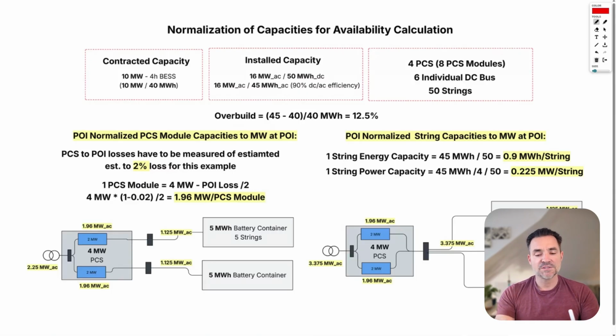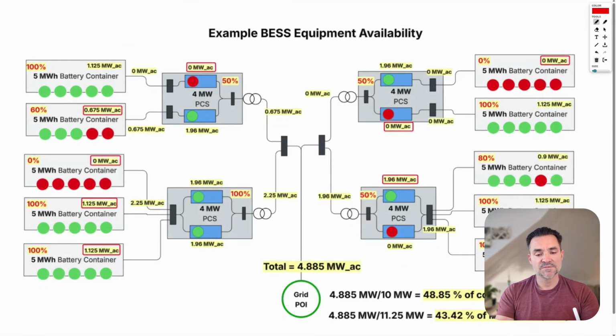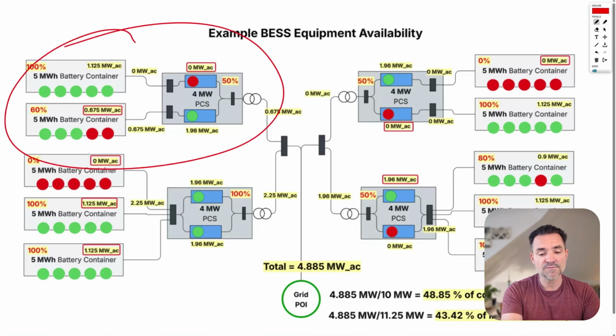Then for each device, a string, a PCS, you have an equivalent megawatt. So we're going to transform the status on/off, or the availability we get from the BMS and the PCS, 0 to 100%, and convert them into megawatts for each station. In this example in the top left corner, we have one module that's off, and the battery container attached to this bus and this PCS module is fully available.